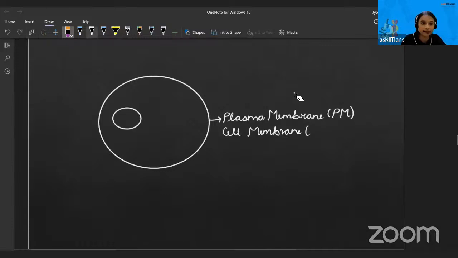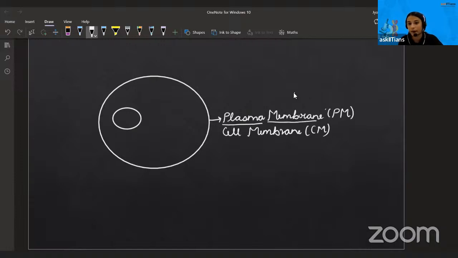Yes, okay. CM. Right. Now, if I talk about animal, the outermost covering of the cell is your plasma membrane, right? But if I talk about the plant cell, in the plant cell there is an additional protective layer, or we can say it is like Z plus security in plant.